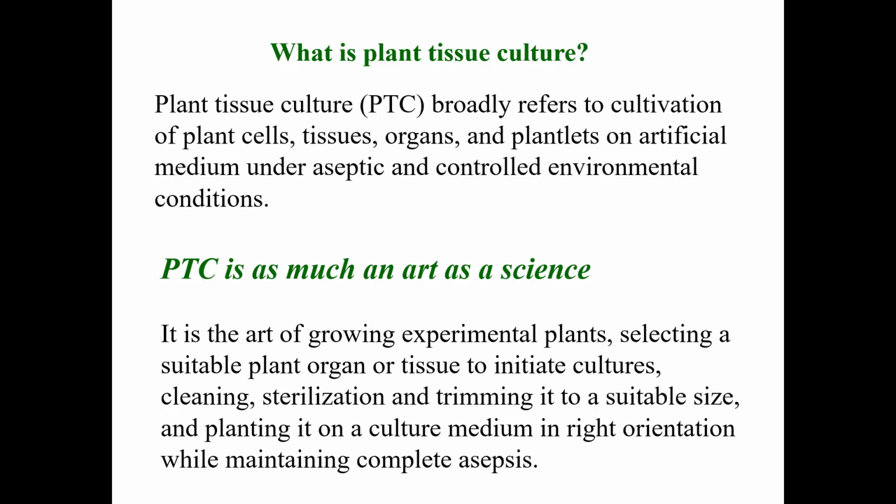It is the art of growing experimental plants: selecting a suitable plant organ or tissue to initiate cultures, cleaning, sterilization, trimming. These are the steps. First, you select a suitable plant, organ or tissue, and then clean it, sterilize it, trim it to a suitable size, and plant it on a culture medium for its growth.